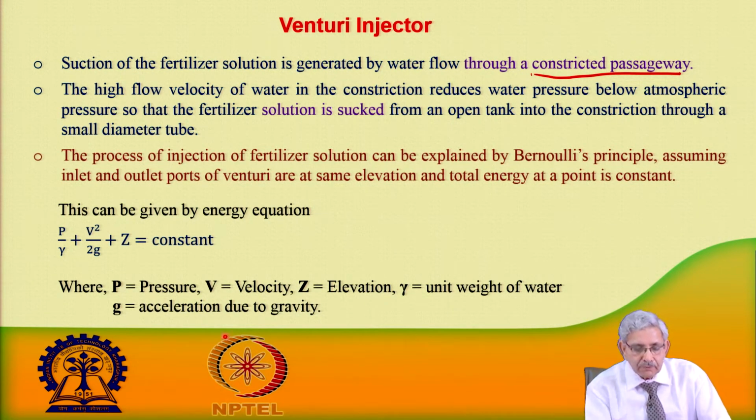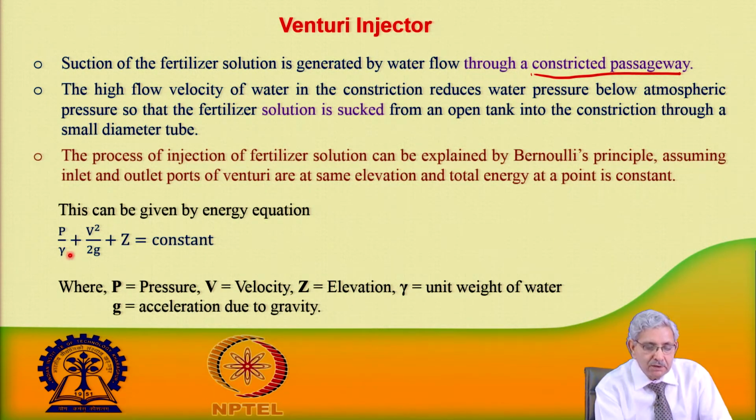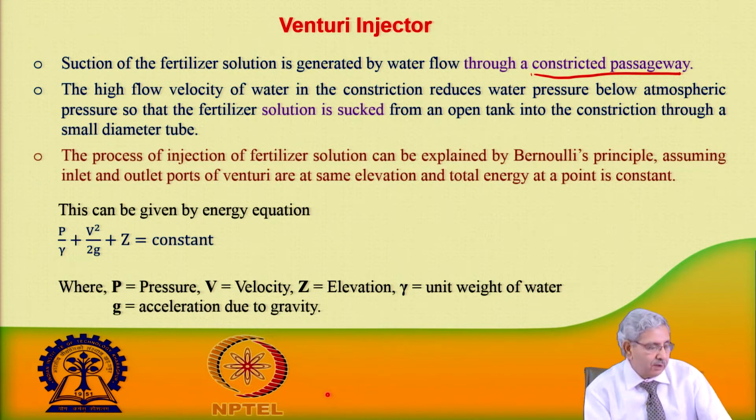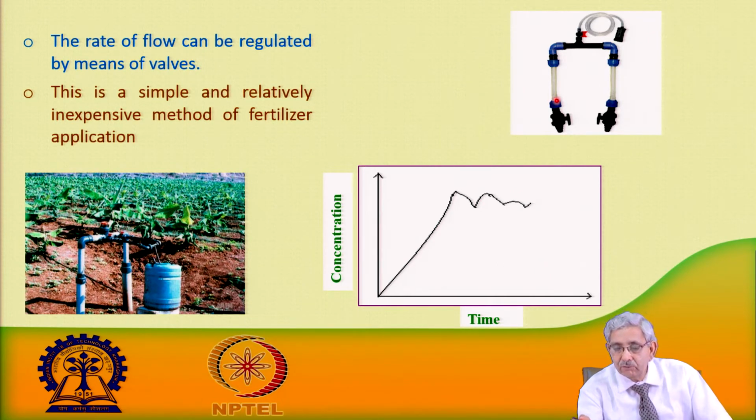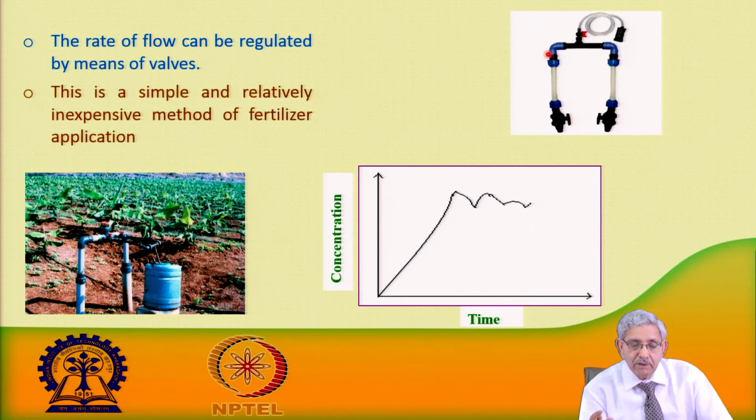The symbols used here are: P refers to the pressure, V refers to the velocity, Z refers to the elevation, gamma is the unit weight of water, and g is the acceleration due to gravity. The rate of flow in the Venturi system can be regulated by using valves, so as to allow the water.